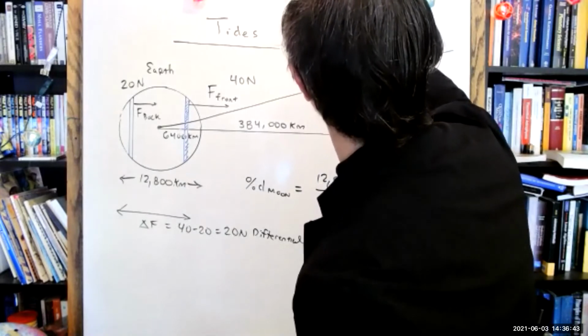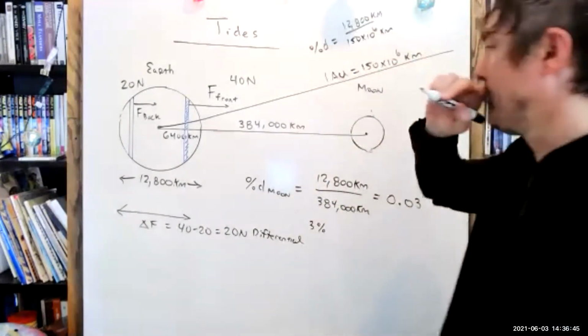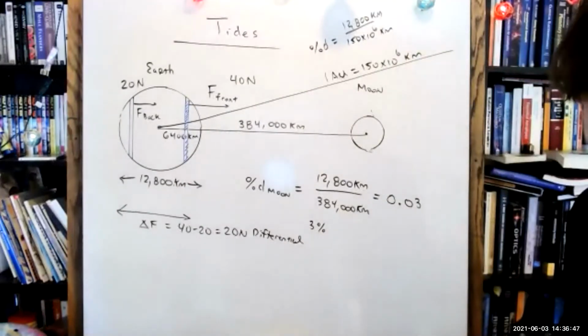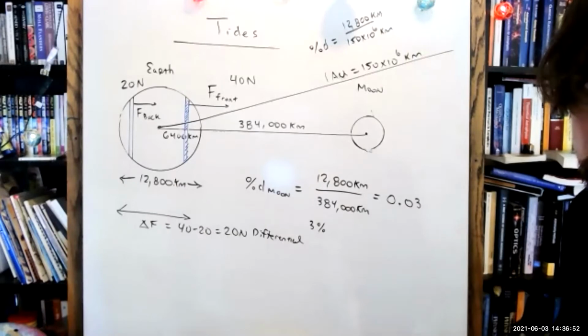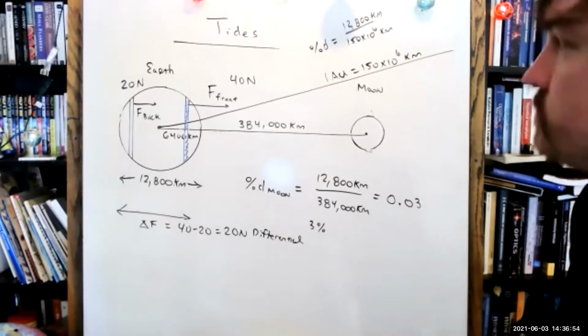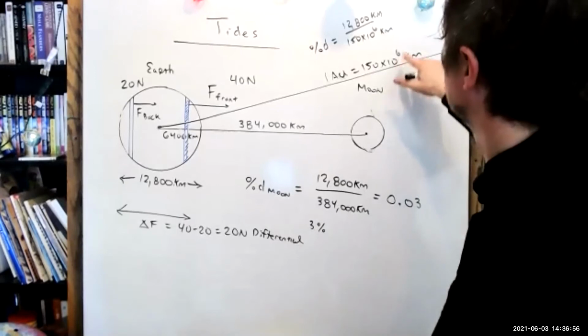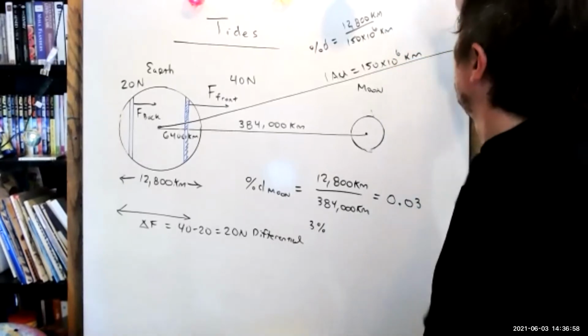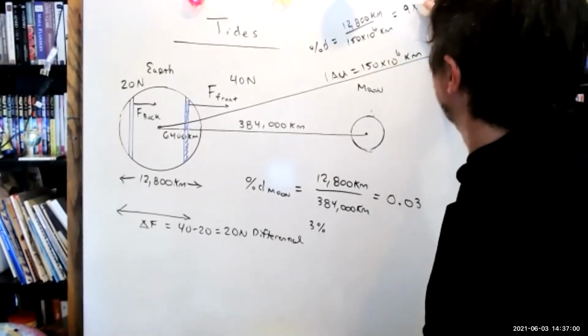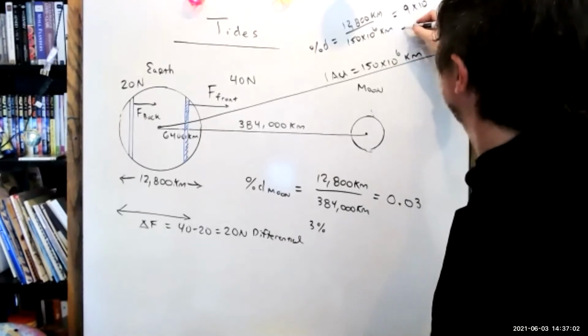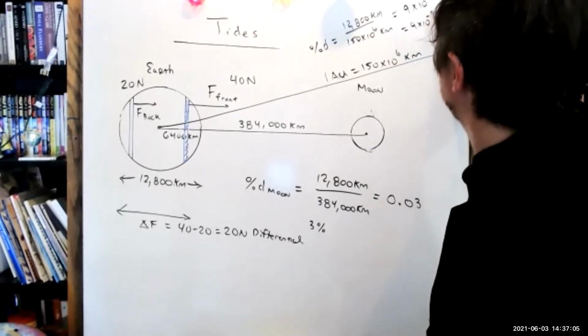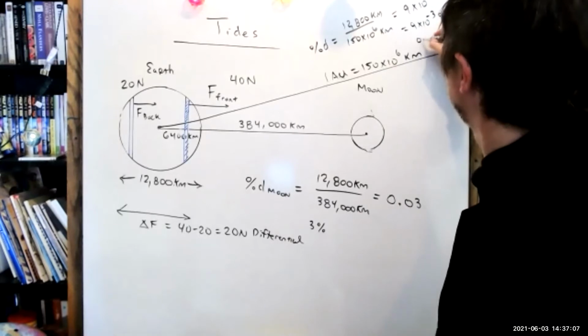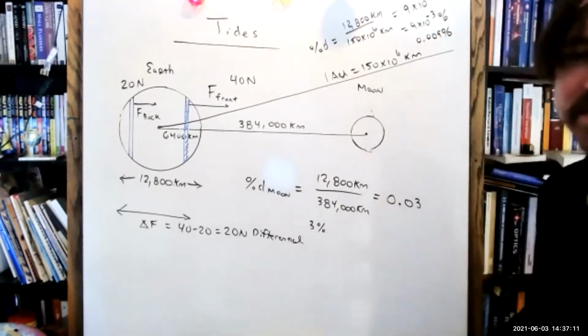What does that get us, Sage? 8.5 times 10 to the negative fifth, which is like tiny. 9 times 10 to the minus 5 is 9 times 10 to the minus 3%, which is basically 9 thousandths of 1%.